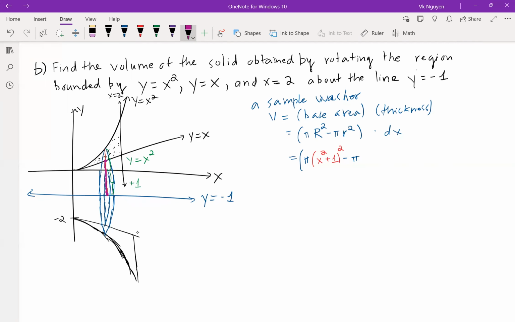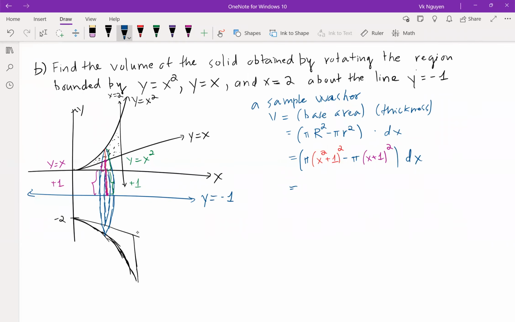Similarly, we have this part right here, which is y equals x, and we also have the second part, which is plus 1. The smaller radius is x plus 1, so pi r squared is pi times x plus 1, squared, dx.